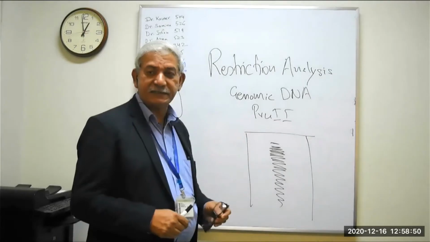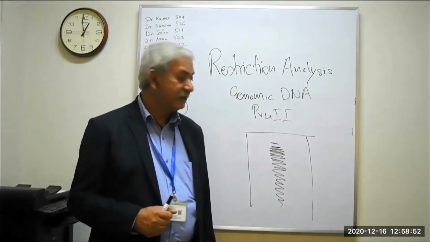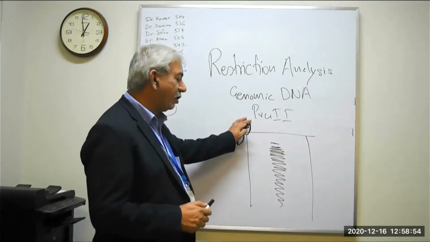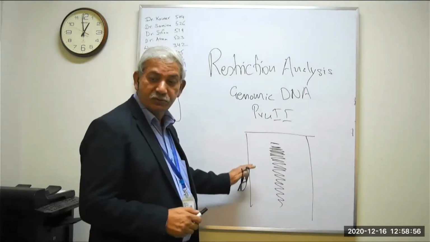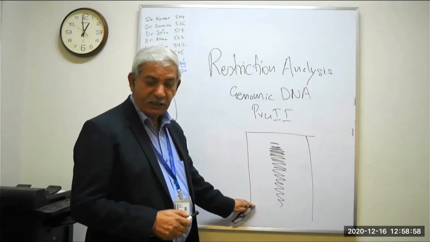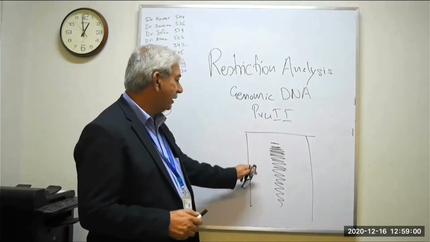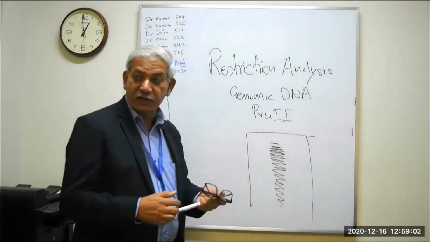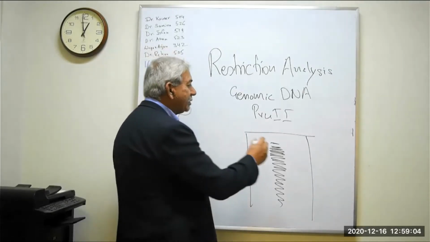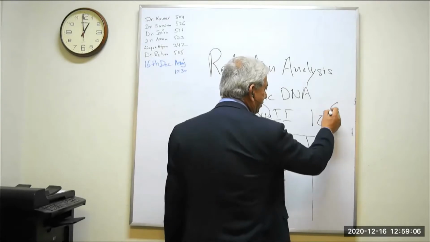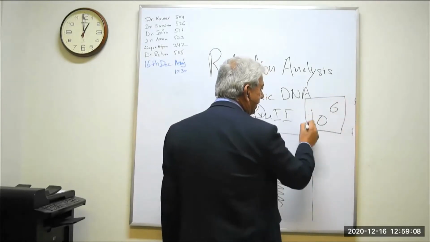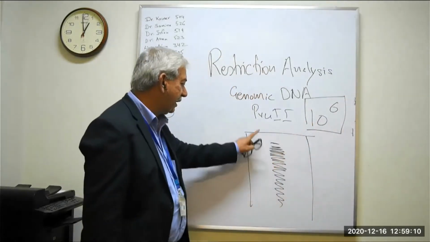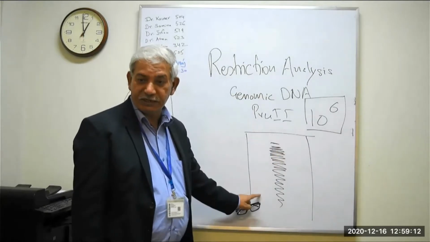And the simplest reason for that is that PvuII does not exist 1, 2, 3, or 4 times. It is a 6 nucleotide cutter. So every 10 to the power 6 nucleotides or so, there will be a restriction site for this enzyme on the big genomic DNA.